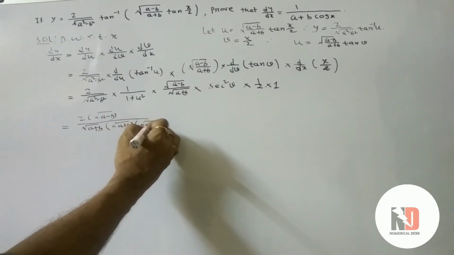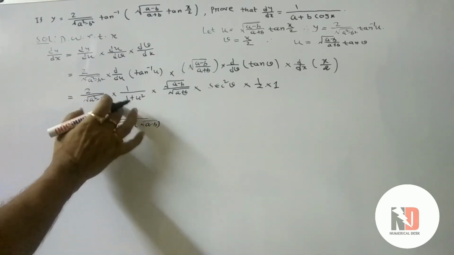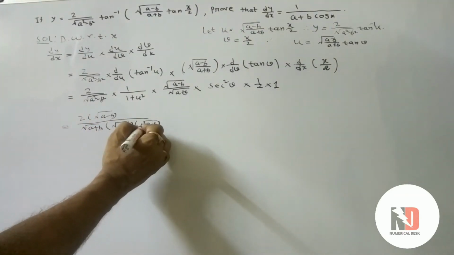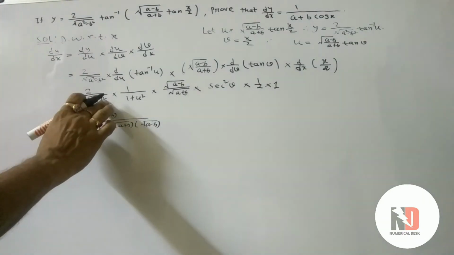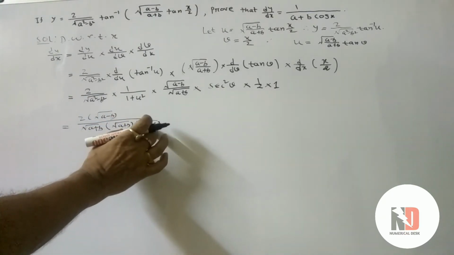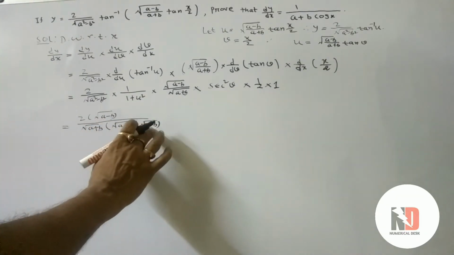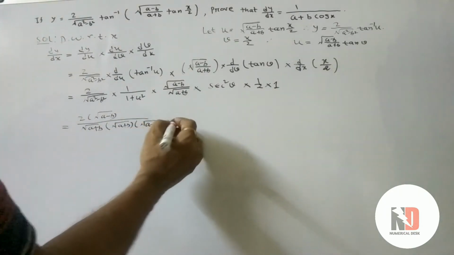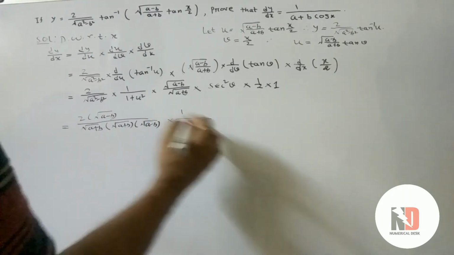Doing this sum at a higher speed in the beginning may lead you into trouble. So see, root over a square minus b square, see the denominator, because a square minus b square equal to a plus b into a minus b. So further they are expressed as root a plus b into root a minus b into root a plus b. A square minus b square is first expressed as a plus b into a minus b, then it is written in this manner.